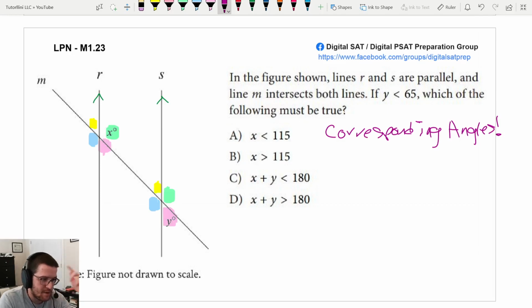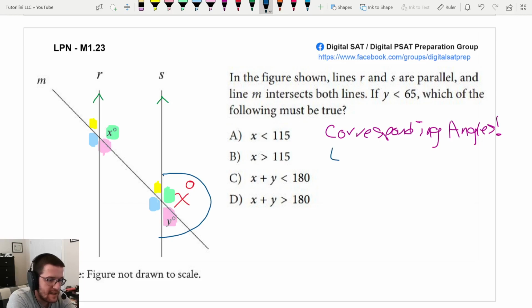So we have to either pull over the X to the bottom one, or we have to pull the Y up to the top left one. Just because I feel like it, why don't we do it this way? So the X can go in the green. And when you have two angles next to each other that form a straight line, that is called a linear pair.